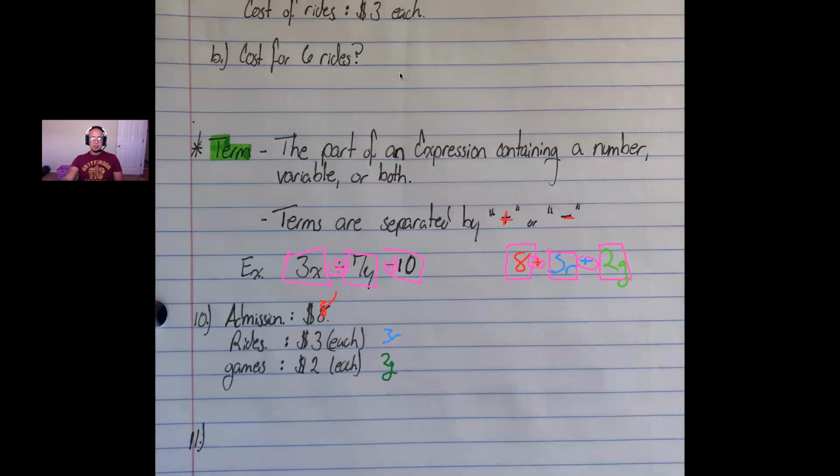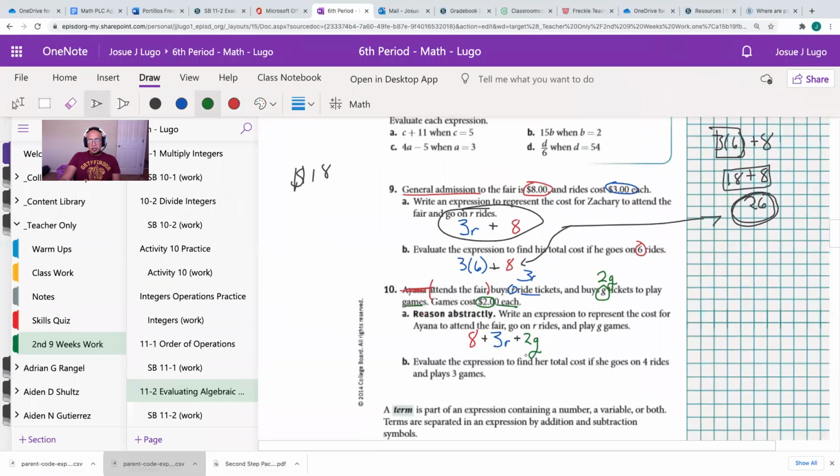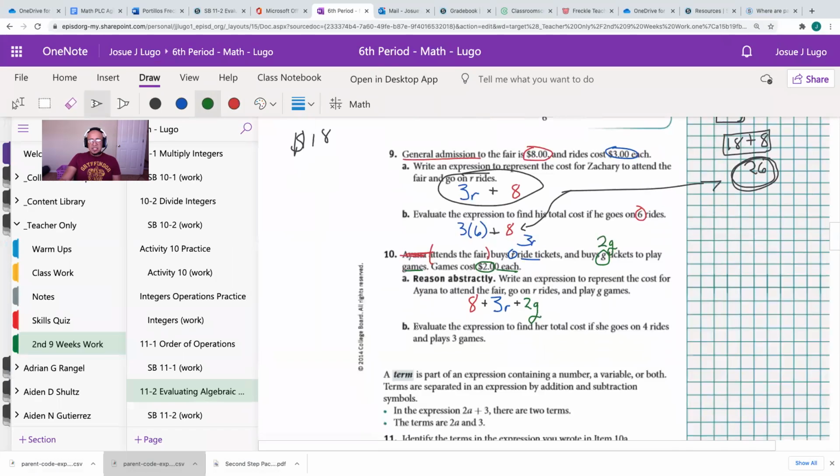All right, so let's go back to number 10 and let's do 10b now that we have our expression, which again is 8 plus 3r plus 2g. So let's evaluate this expression and find the total cost if we go on 4 rides and we play 3 games. Okay, so firstly, we're going to have to get in.